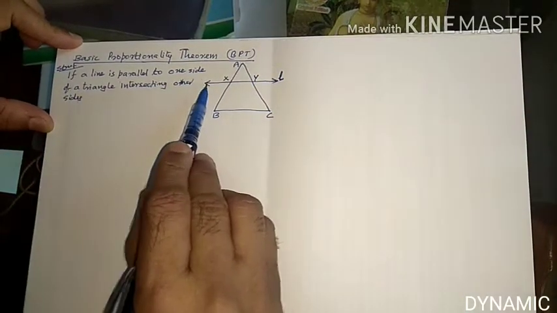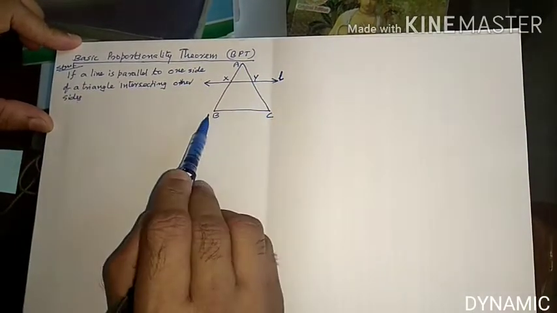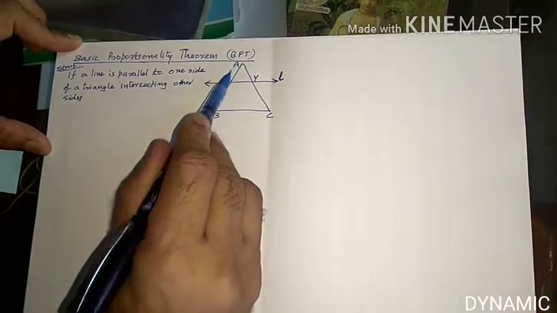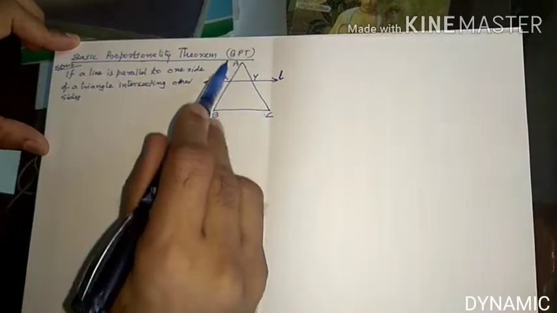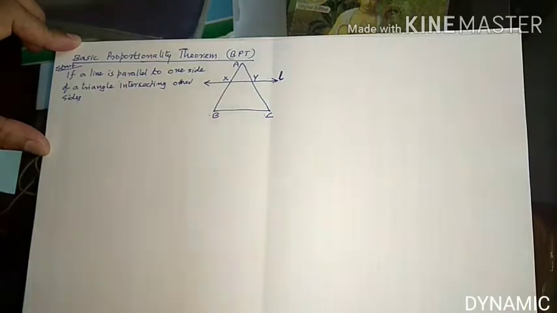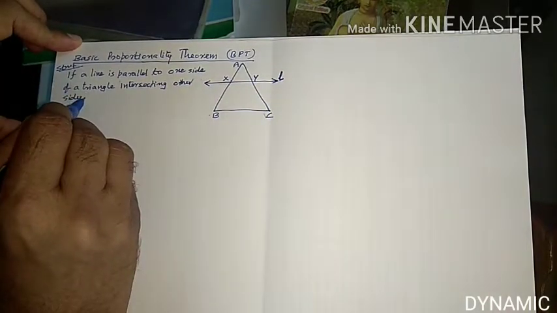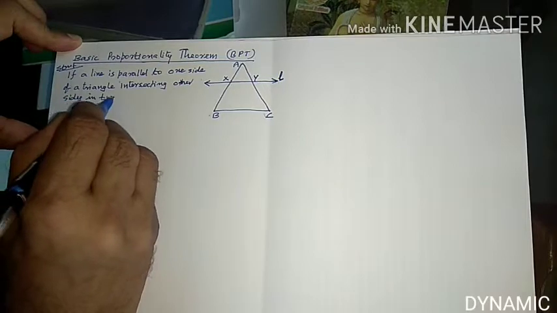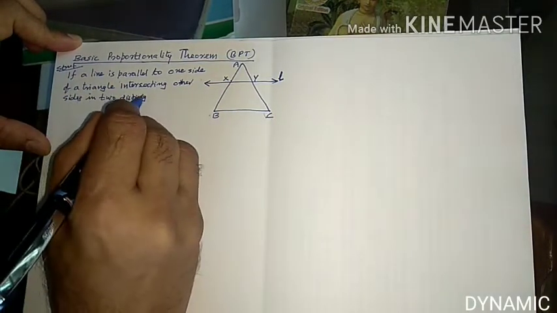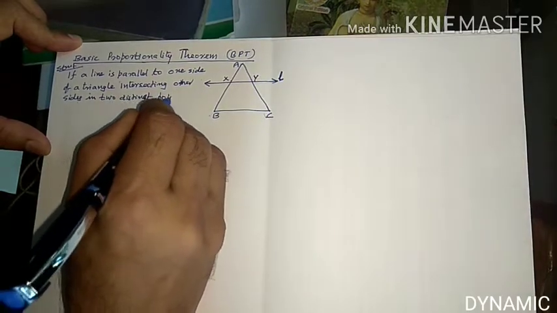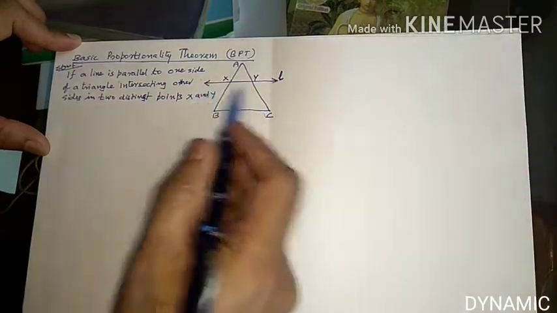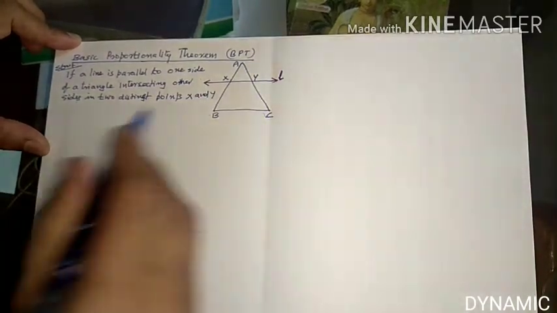If a line is drawn parallel to one side of a triangle, intersecting the other two sides AB and AC in two distinct points X and Y, we can change the points also to any other points.